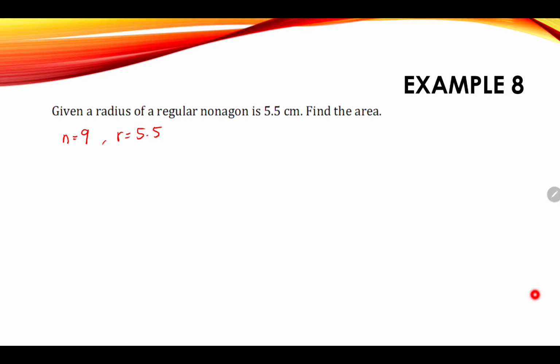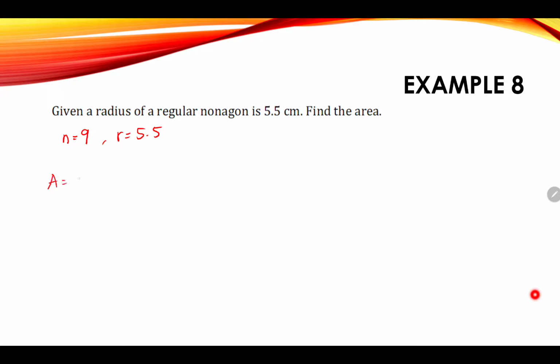Okay, so to find the area, we were introduced two types of formula untuk finding area. Okay, the first one is using A and P. The second formula is using N and R. So for this example, we need to use the second formula lah.